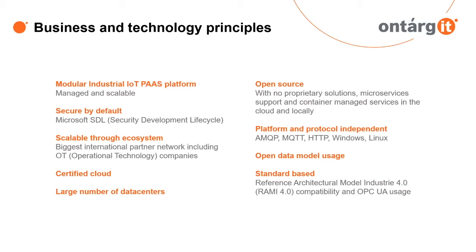And of course, it also requires a partnership with vendors such as Siemens, Rockwell, Schneider, Mitsubishi, and so on. This idea makes the task of building a complex system much easier, especially when you have equipment from multiple vendors connected with different gateway types. In addition to business principles, we also have a set of technology principles.